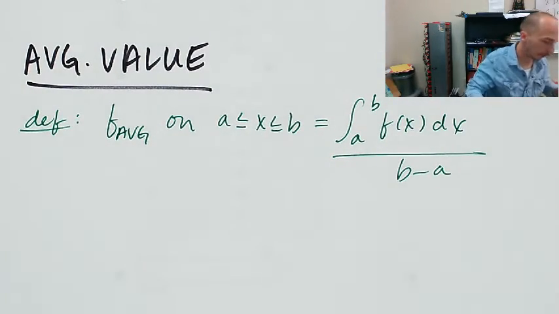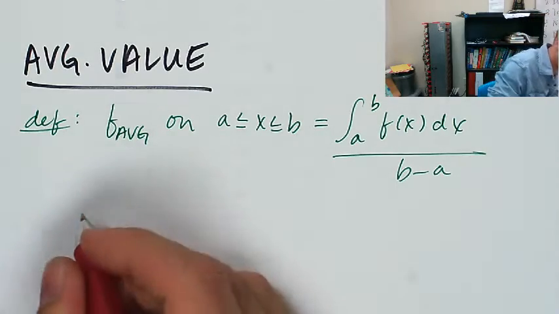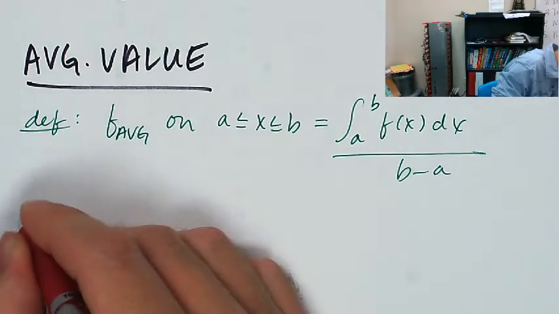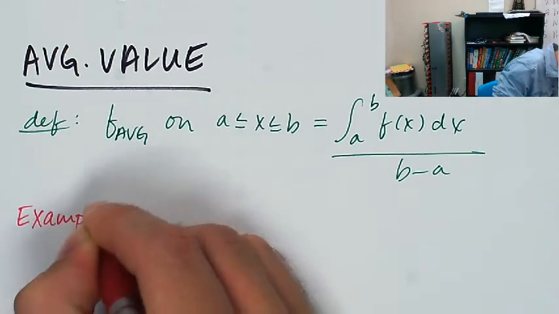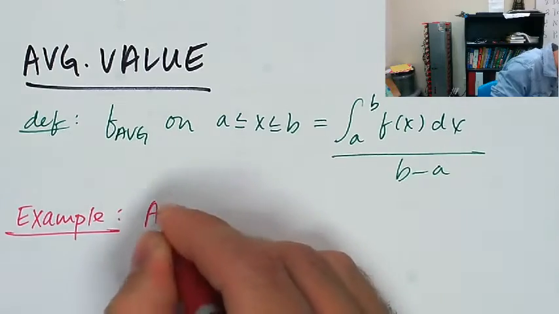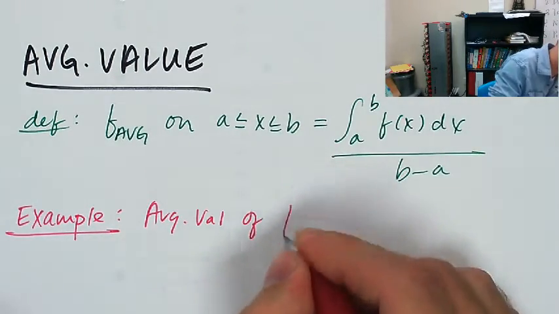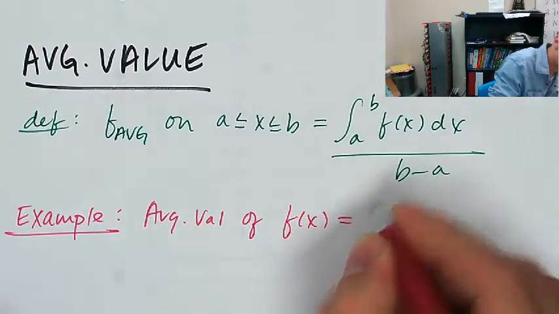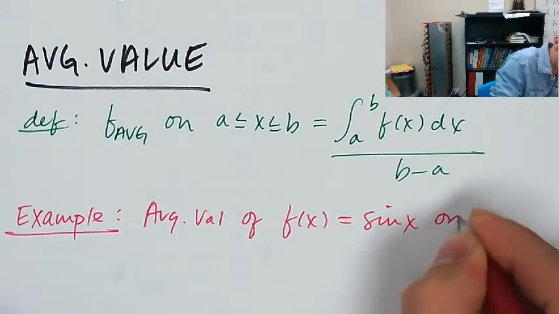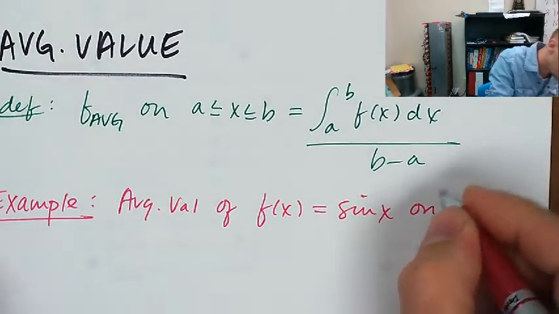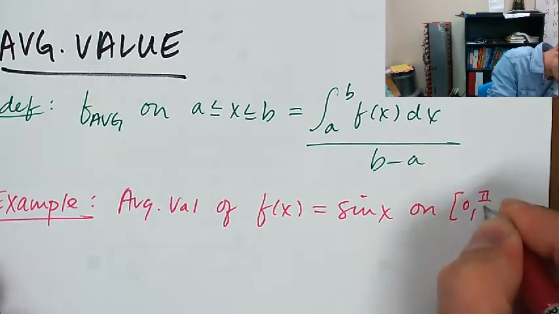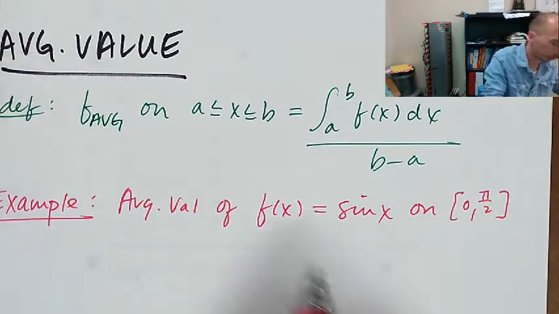Okay? So maybe, for example, I will work an average value of, let's just say sine x on the interval 0 to pi over 2. That might be interesting, right?